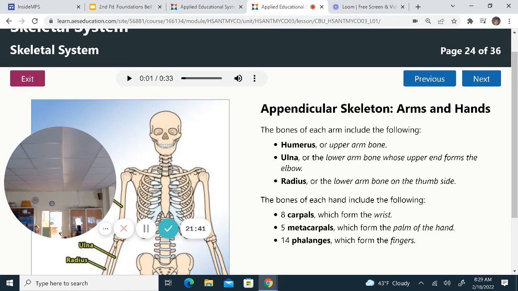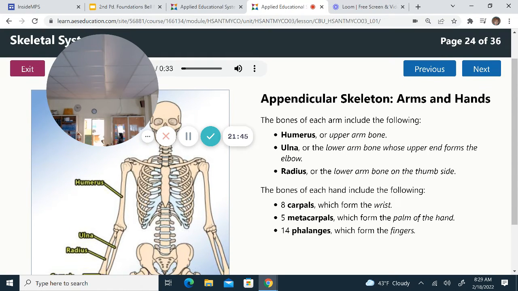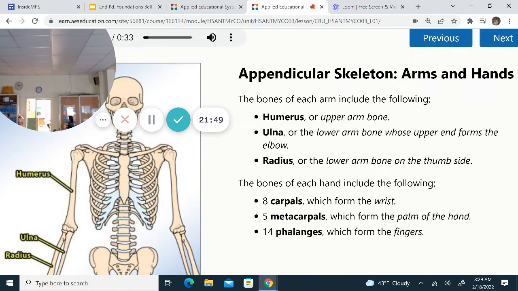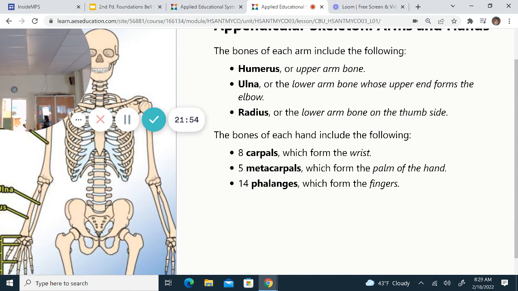All right, so the rule, with your appendicular skeleton, you have your humerus, which is your upper arm bone, and then you have your ulna, which is your lower arm bone, and then you have a radius. One way to remember, because once we start, you learn how to take pulse and all that stuff.